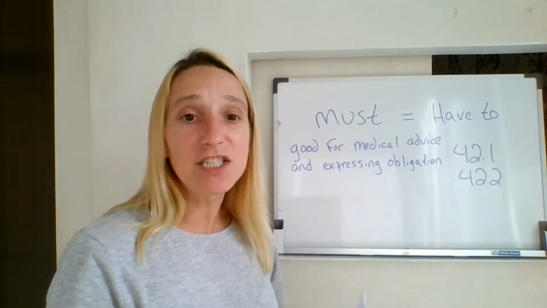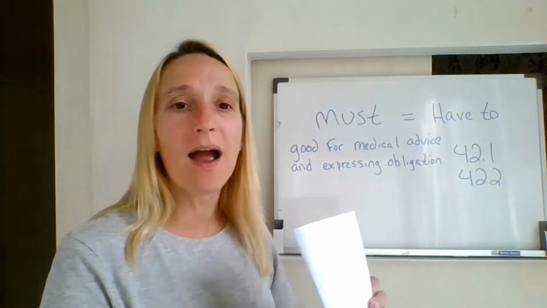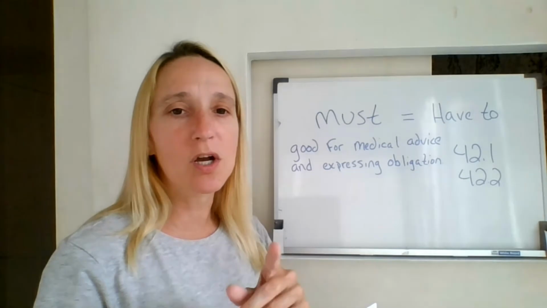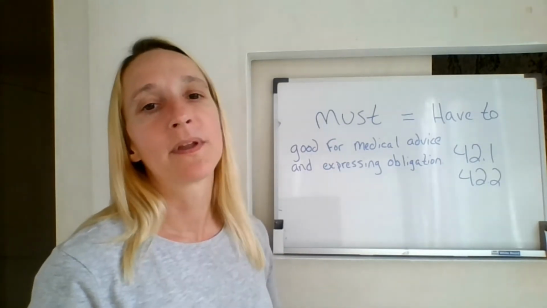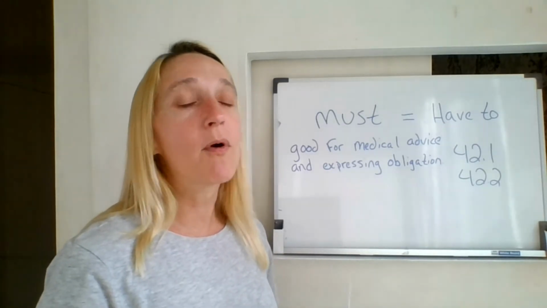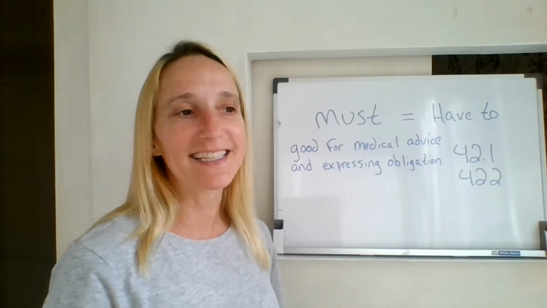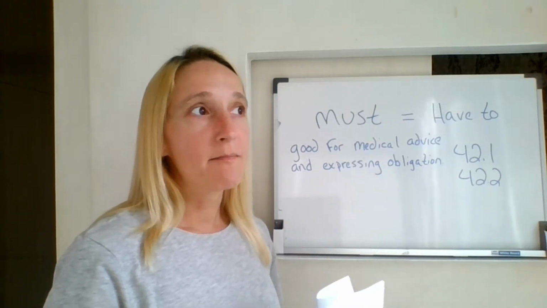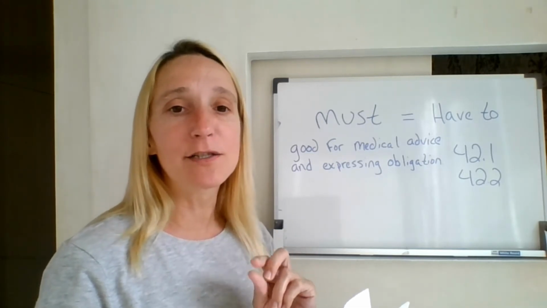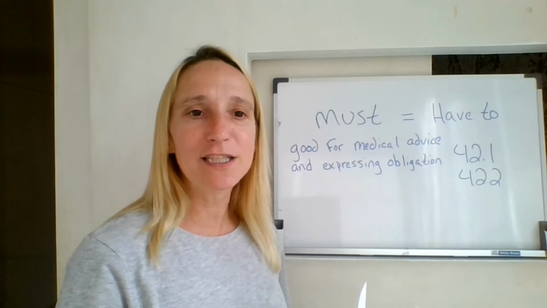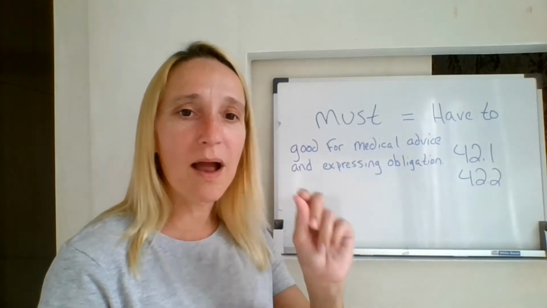So obligations are things that you have to do. I am obligated to show up and teach you. And you are obligated to go to work every day. And monks are obligated to meditate every evening. So obligations are things that you have to do.